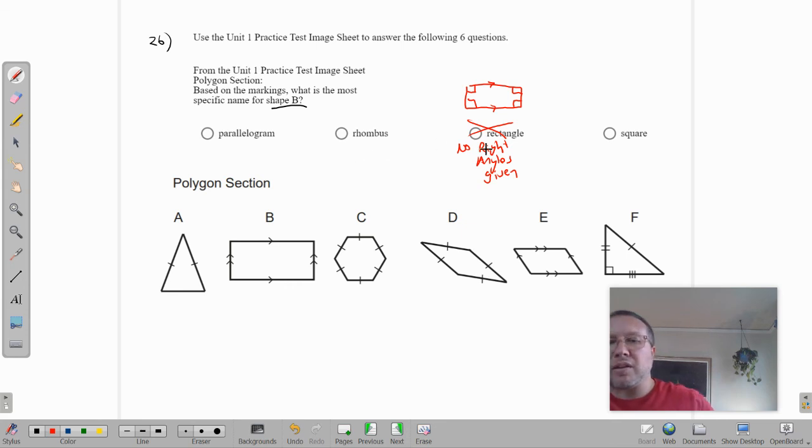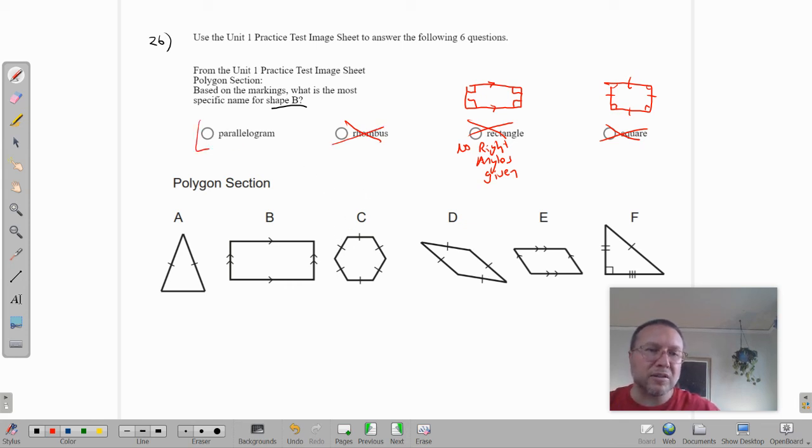Kind of identifying what it's not. A square has all sides congruent. Does this have the tick marks for showing sides congruent? It doesn't, so I can't say that it's a square. A rhombus is D, where it shows all sides congruent, and a square also has 90s. I don't see anything about congruency marks, so I can't say that it's a rhombus.